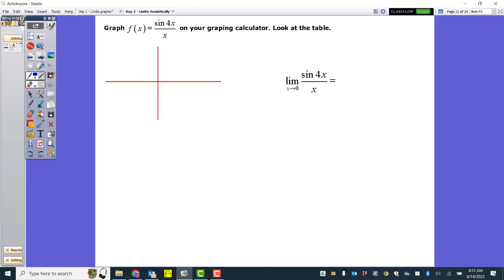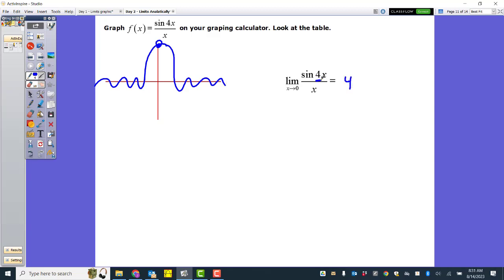All right, so I want you to graph this one on your calculator as well. So we'll see it go much higher this time. Now when you look at it, you put it in the calculator and you try and trace where that is, you'll notice that that's equal to 4.